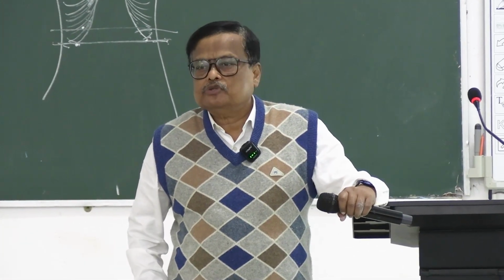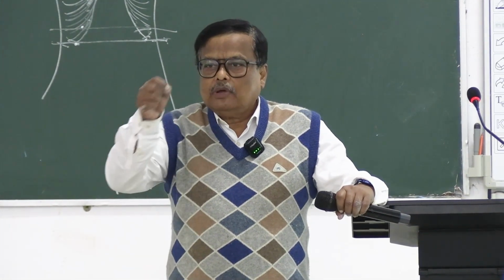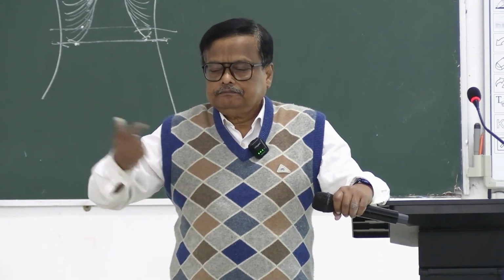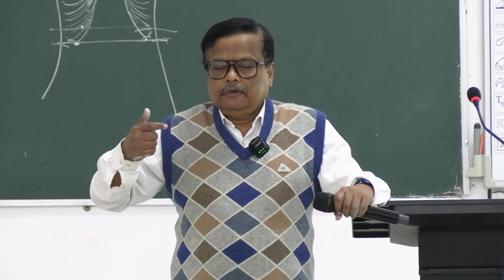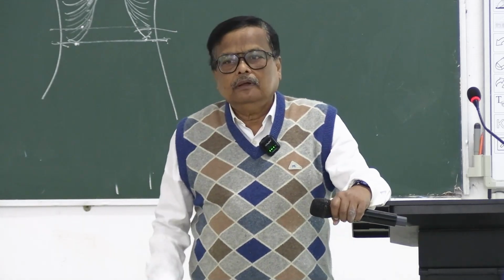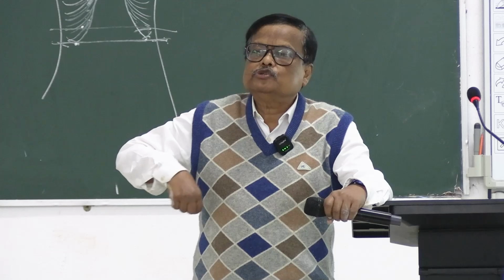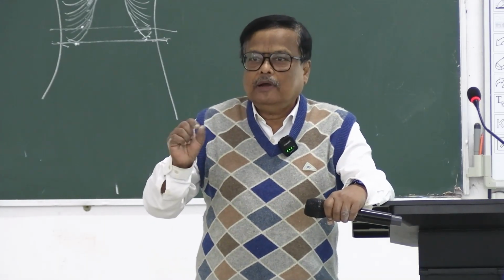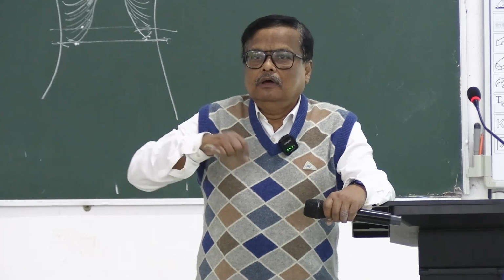T12 nerve is the subcostal nerve. Every thoracic nerve, when we learn the nervous system, when it comes out from the vertebral foramen, divides into two. One is known as the posterior rami, posterior ramus singular, plural is rami.